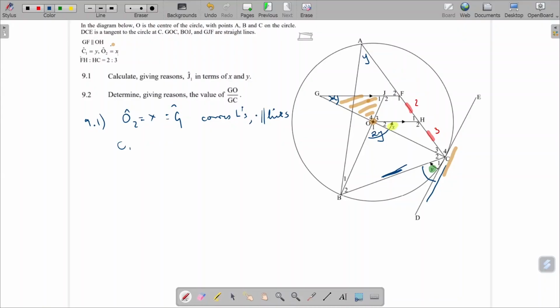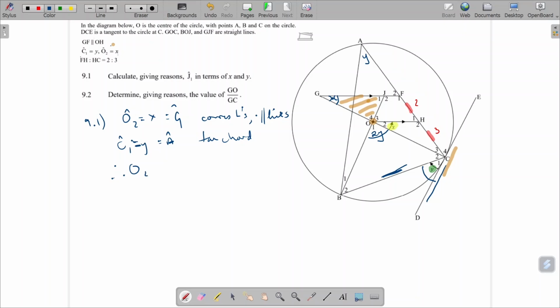We said that if we've got C1 equaling Y, then C1 equals Y equals A by tan chord. And again, depending on your province, you need to put in information of what is the tangent and which is the chord. Therefore, O1 equaled 2y, angle at center equals twice the angle at the circumference.